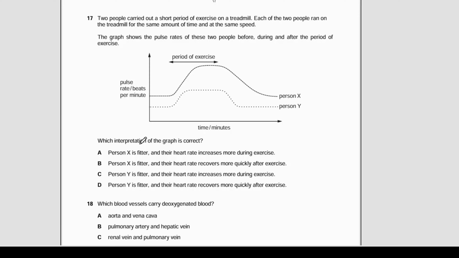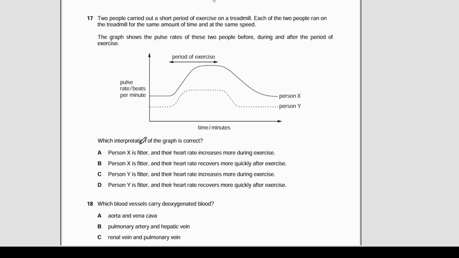Okay, what interpretation about this graph is correct? Two people carried out a short period of exercise on a treadmill, person X and person Y. Each of the people ran on the treadmill for the same amount of time and same speed. So these are the constants. The graph shows the pulse rate of these two people before, during, and after the exercise.